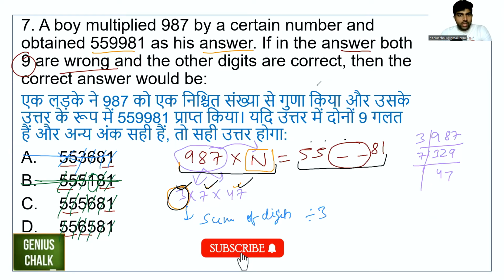Now our next step is to check this number by 7. So are these divisible by 7 also? Because for 3, these both are divisible as both digits are same, right? So let's find which number is divisible by 7. What is the divisibility rule of 7?